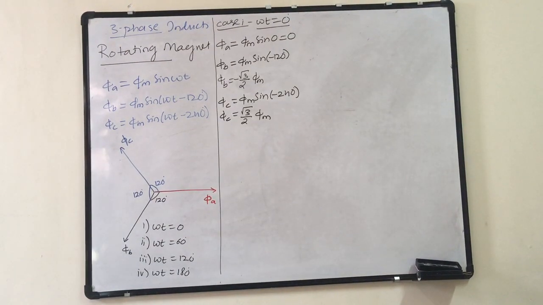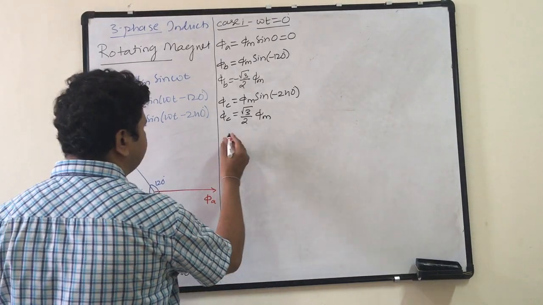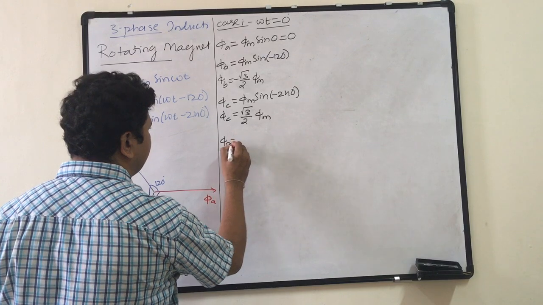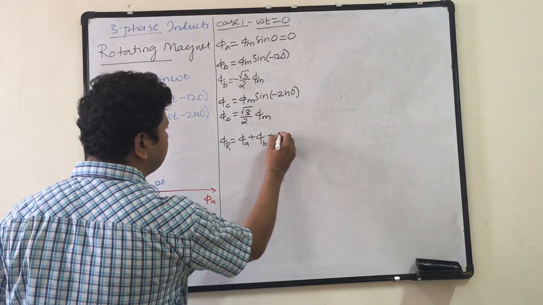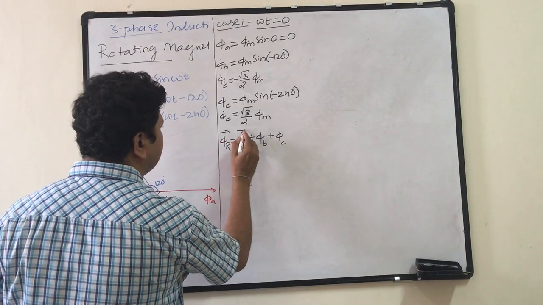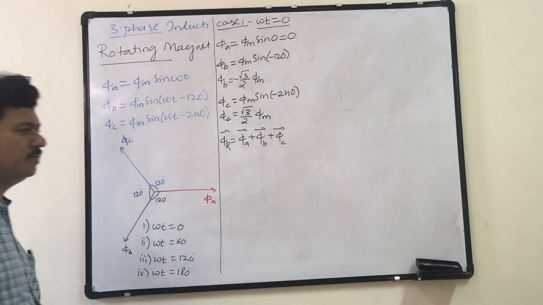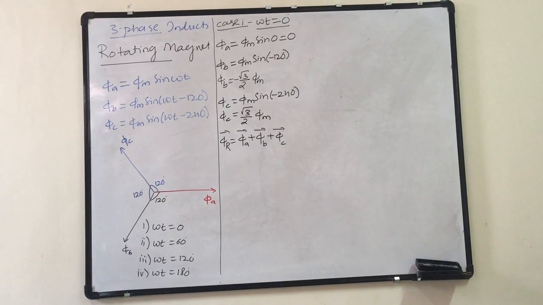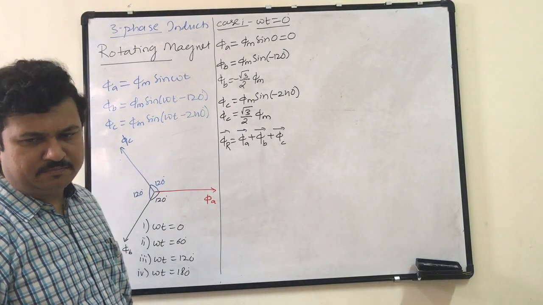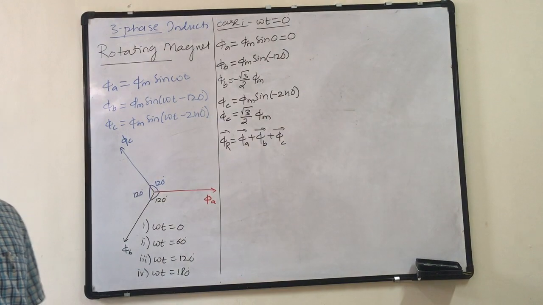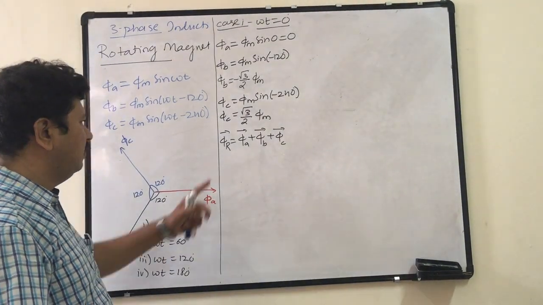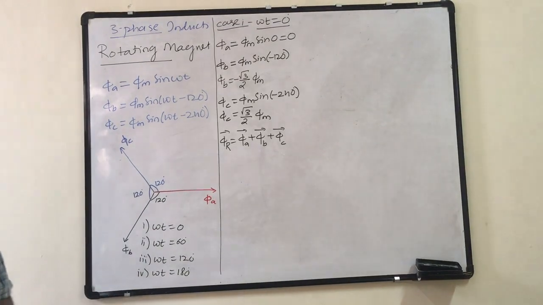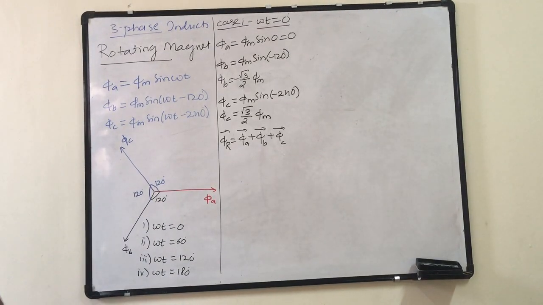So phi r equals phi a plus phi b plus phi c, but vectorially, not arithmetically. Algebraically it becomes 0. The algebraic sum of any three phase quantities is 0 at any instant. This we have already proved. So I will be taking the vector resultant of the three fluxes.